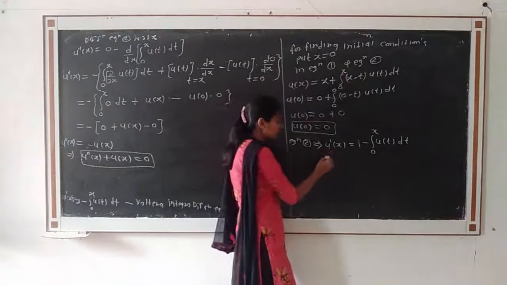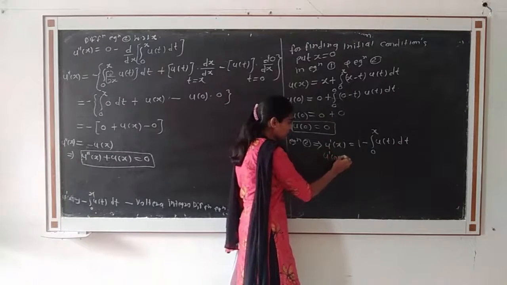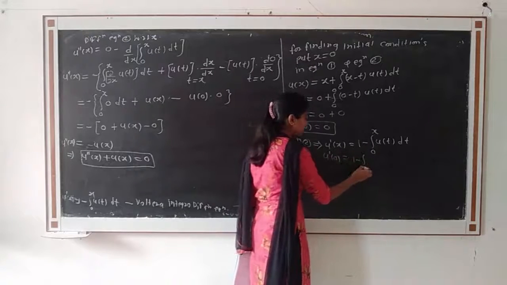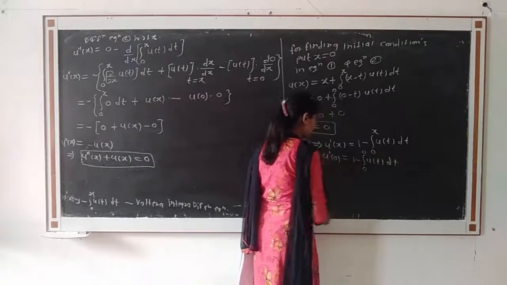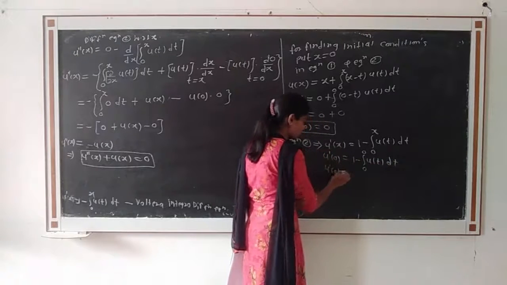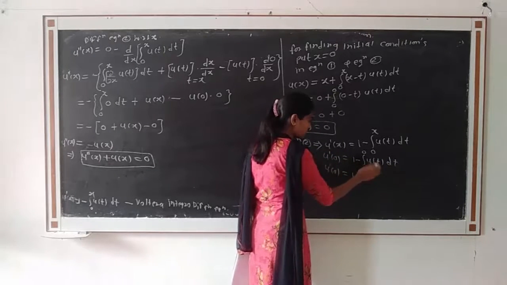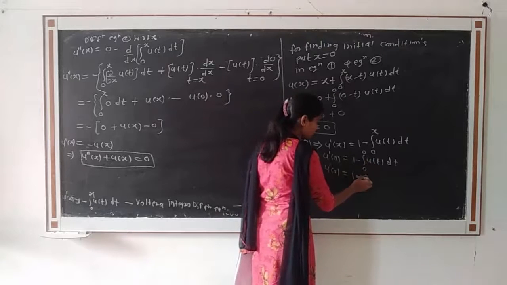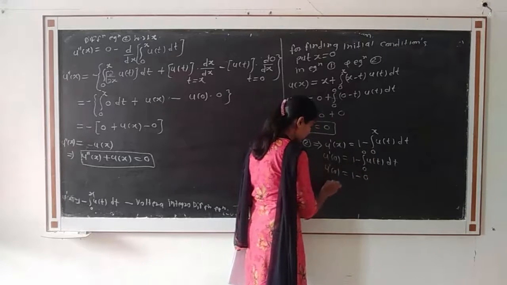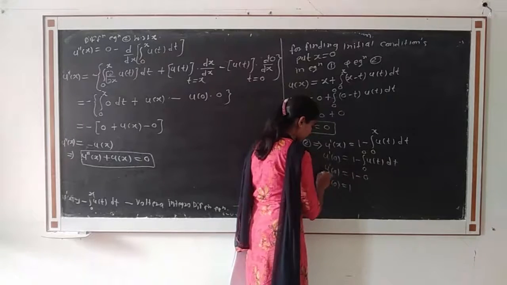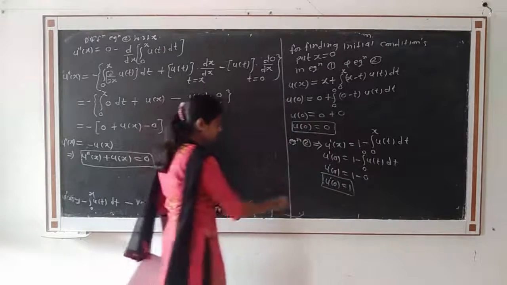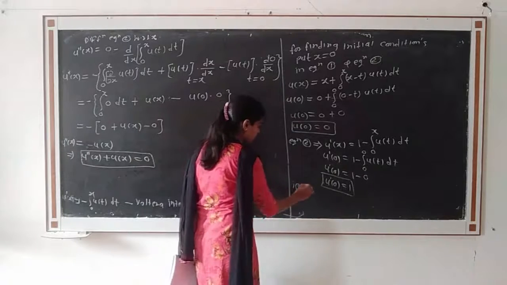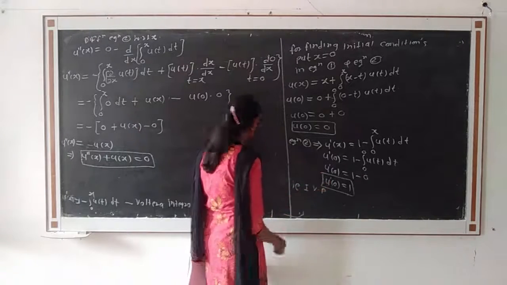If we put x is equal to 0, we get u dash of 0 is equal to 1 minus integration from 0 to 0 of u of t dt. This integration is from 0 to 0, so it becomes 0. Then we get u dash of 0 is equal to 1.